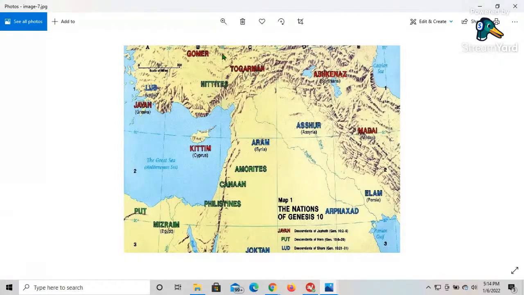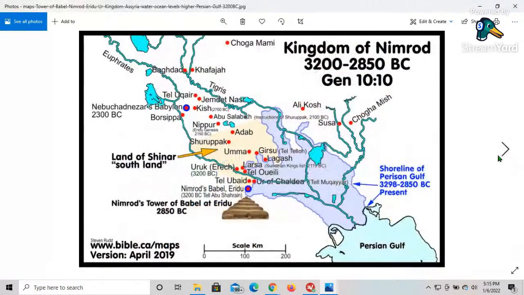Well, Togarma's Gomer's son. Madai, and Meshech, Tubal, and Magog. Put, Mitzrayim, Cush, and Canaan would be the sons of Ham, of course. So this is not a very exhaustive map. This one is pretty good.